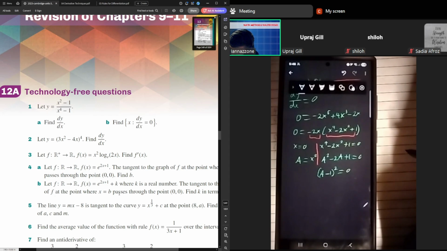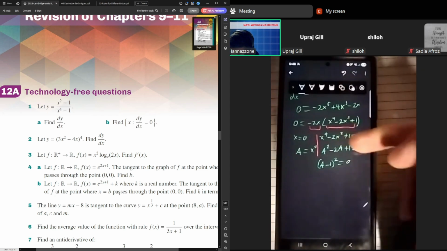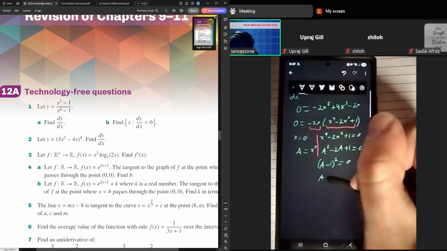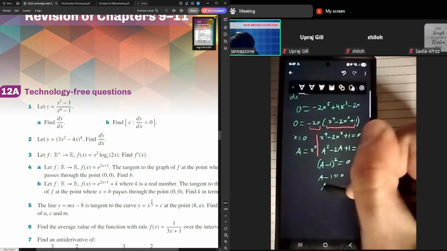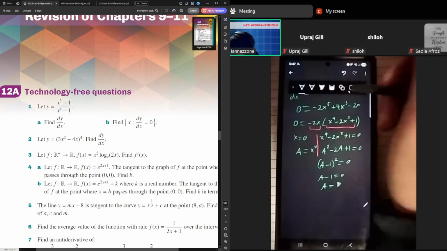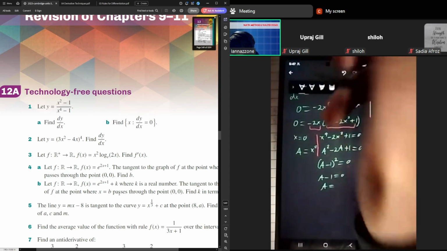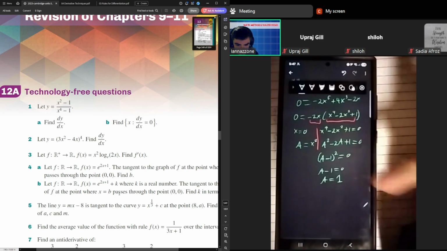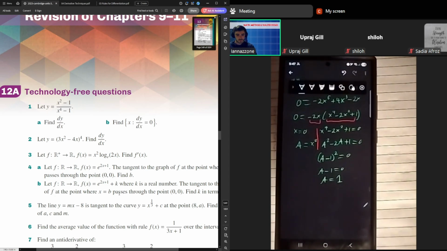That's good. And then from here, there's really not much else to talk about. You would square root both sides, which gives you A minus 1 equals 0, so A equals 1. And when you have capital A equals 1, what do you do once you have that? You substitute the x squared back in.